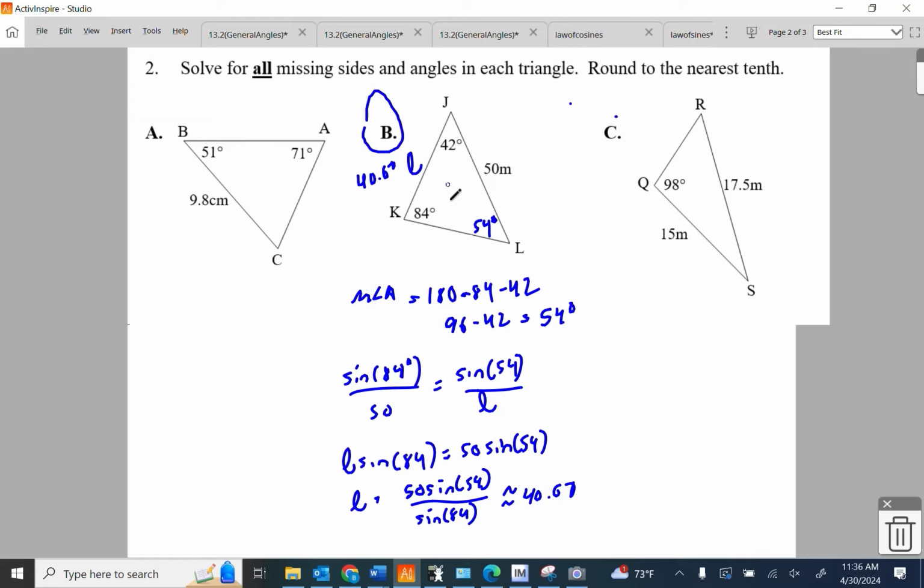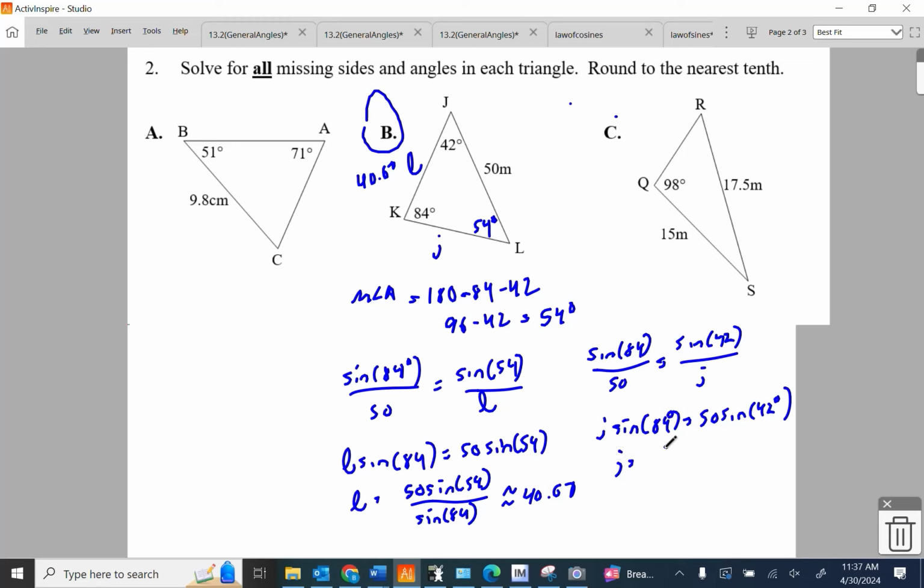So we're going to do this one here. This will be lowercase j. And I'm going to reuse this. It's basically the same problem. I mean, it's just knowing the setup. Sine 84 is to 50 as the sine of 42 compares to lowercase j. Same cross multiplication, same stuff. j sine 84 degrees is equal to 50 sine 42 degrees.